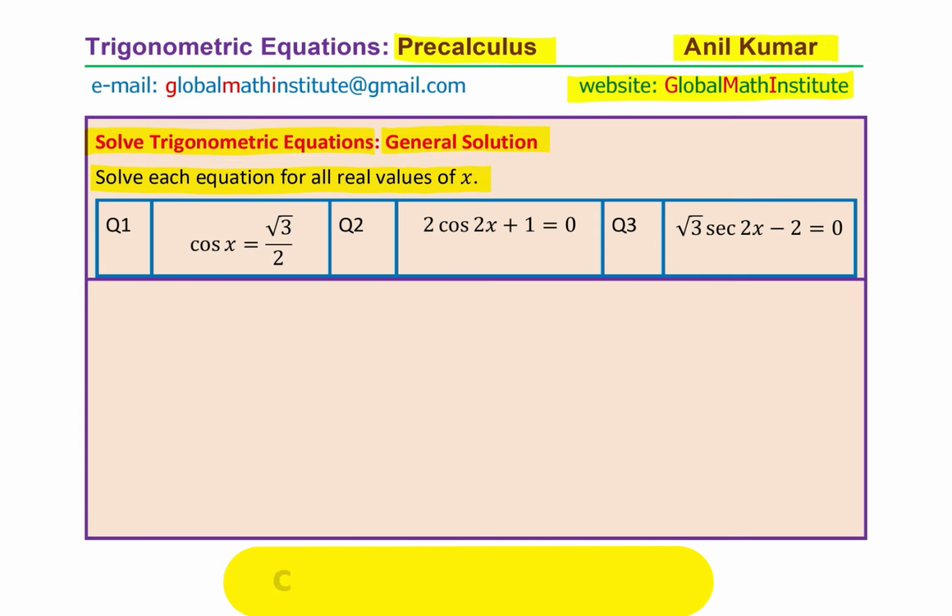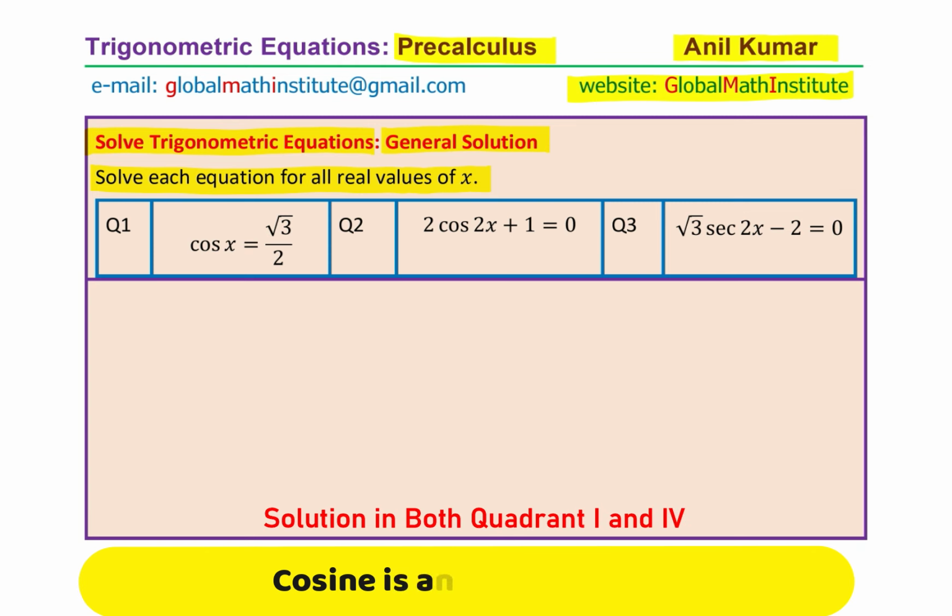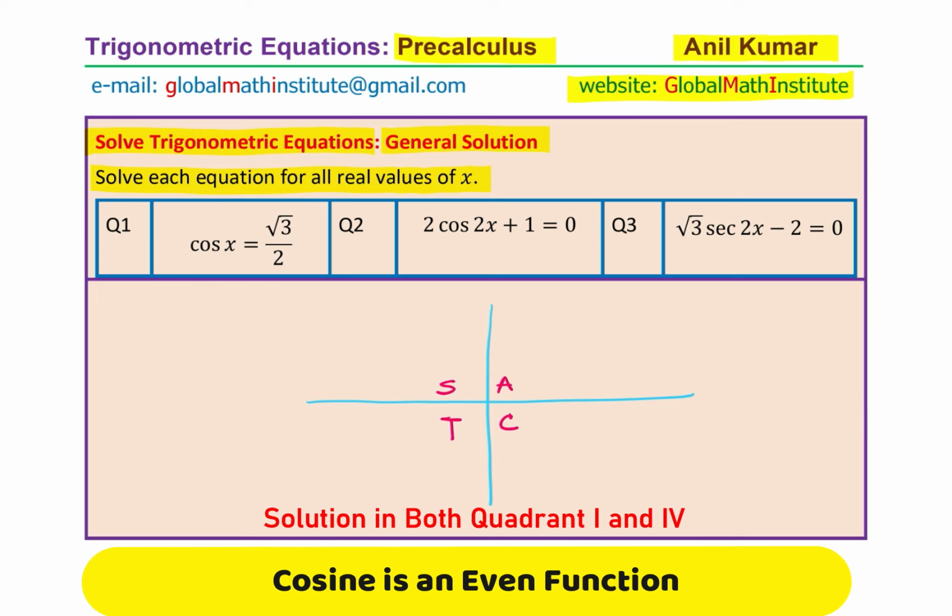Clear? Now the concept of general solution here is that, as you know, the cosine function is positive in quadrants 1 and 4. So if you look into the CAST rule, if there is a solution in quadrant 1, then there will be a solution in quadrant 4 also, right?